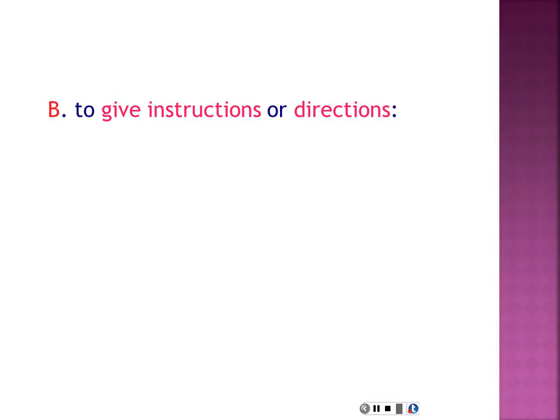What does that mean? For example, if I say do your homework, I'm giving you an order. I'm giving an instruction or an order. So this is another way to use present simple.